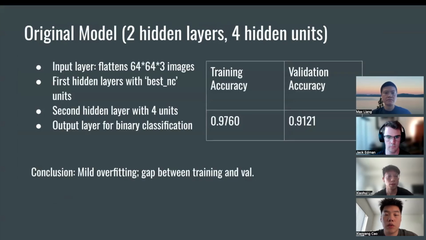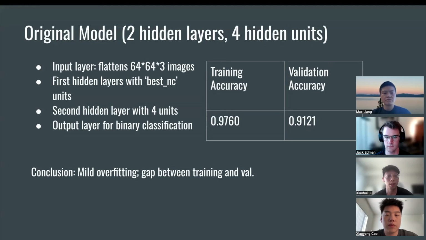Our original model has the following structure: a flatten layer to convert the image input into a vector, a dense hidden layer with the best number of units using ReLU, a second dense layer with 4 units, and a sigmoid output layer for binary classification. The model performed well but showed minor overfitting, as there was a gap between training and validation accuracy.